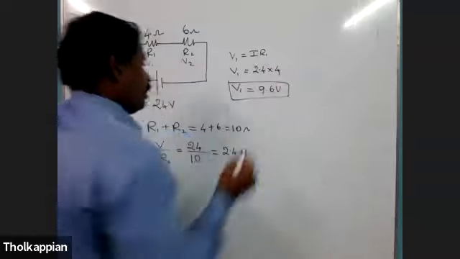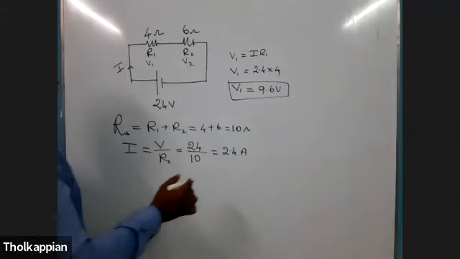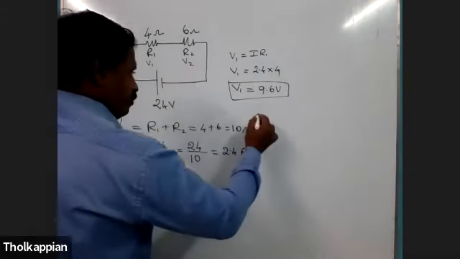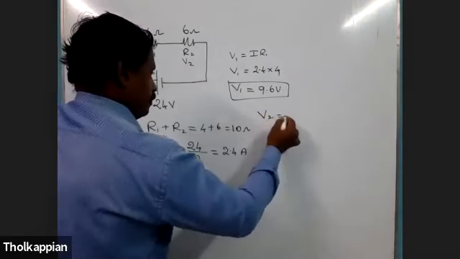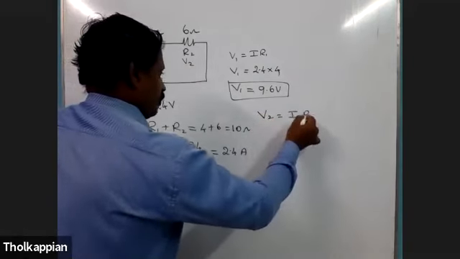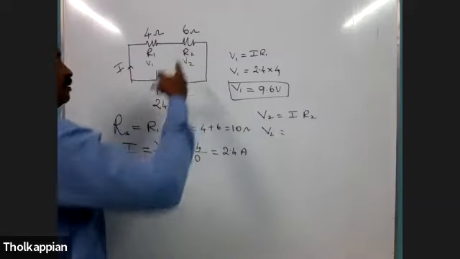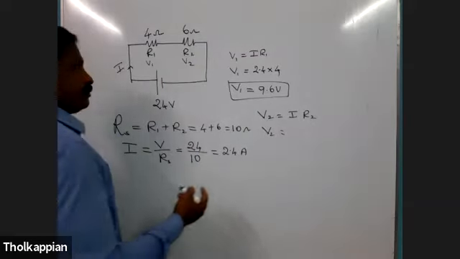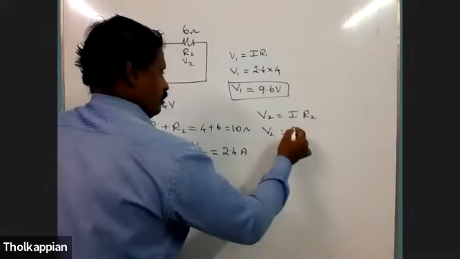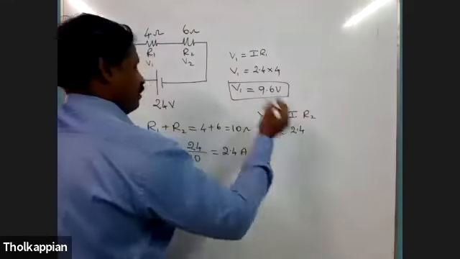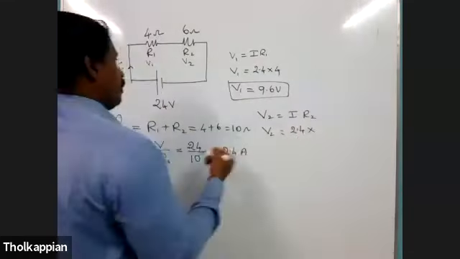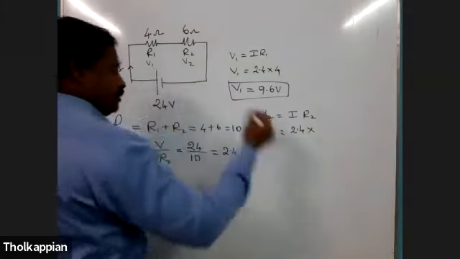Okay. Next, in the same manner you find the V2 value. V2 is equal to I into R2. So V2, the potential across the resistance R2. I is the same 2.4, so I will not change, into the resistance R2 value 6.